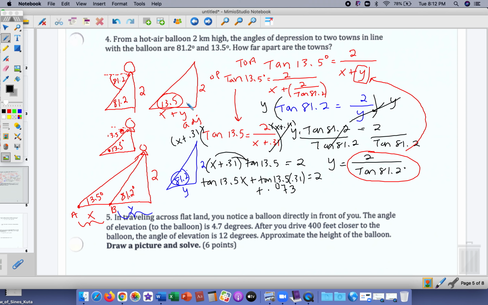Tan of 13.5 is 0.24, so here we have 0.24x plus 0.073 is equal to 2. If we subtract 0.073 from both sides, we would have 0.24x is equal to 2 minus 0.073, which is 1.27.